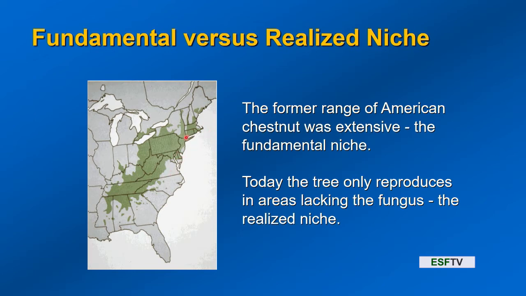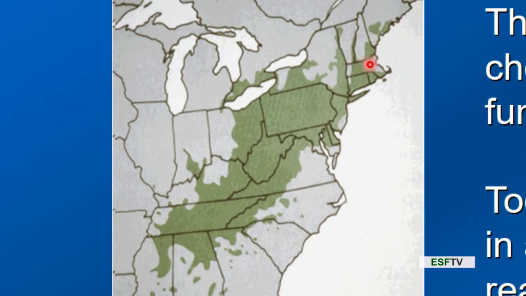But the chestnut can live throughout, and that's what we call the fundamental niche. The chestnut can grow anywhere from even up in Vermont on the edges, New Hampshire, Massachusetts, all the way down to, say, Alabama, and in an east to west spread as well.